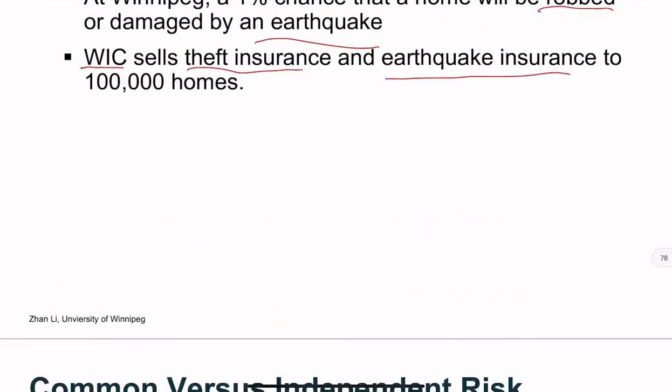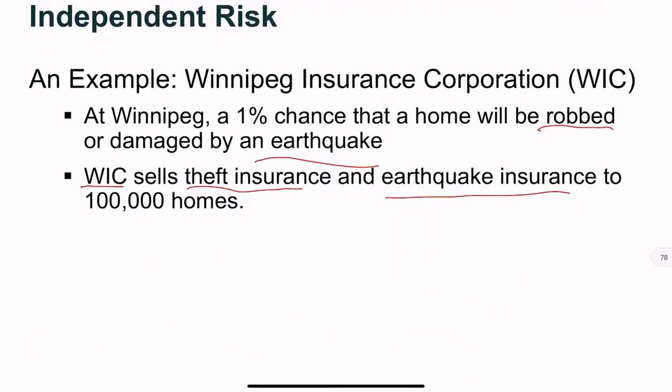And for this firm, let's assume all households in Winnipeg would buy the insurance policies. This implies, from this firm's perspective, this firm will have a portfolio of 100,000 insurance policies, right? So essentially, you can see that for this insurance firm, it has to think about the diversification benefit because it has a portfolio of many insurances.